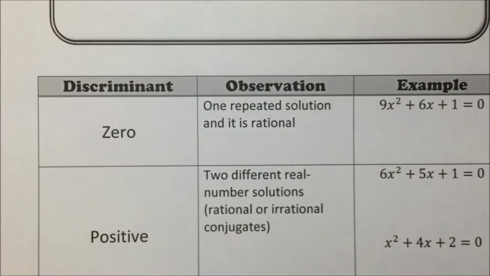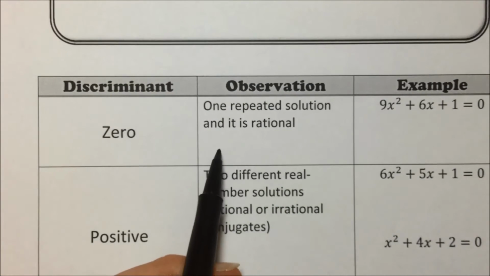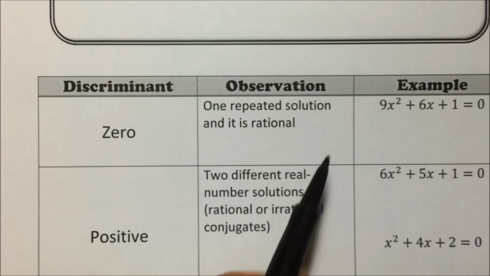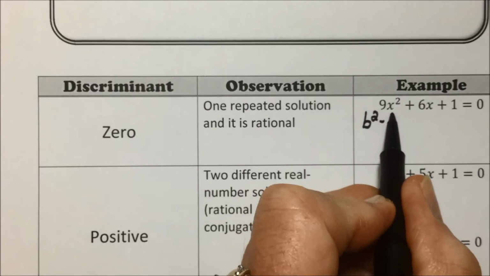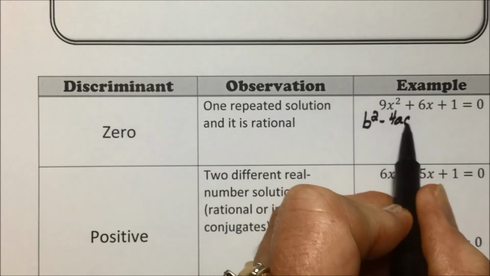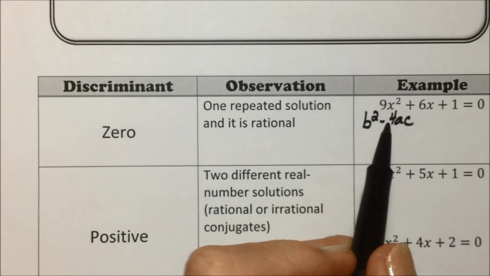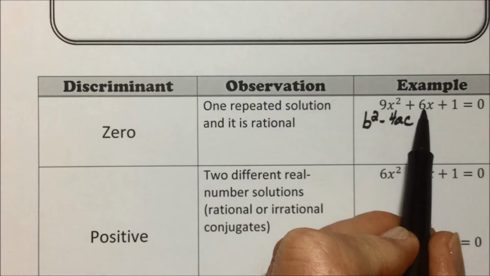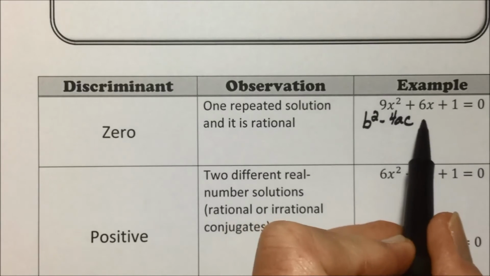If the discriminant, b squared minus 4ac, is equal to 0, it means that there is one repeated solution and it is rational. So in this example, without actually solving this, if we just determine what kind of solution we get, we'll determine the value of b squared minus 4ac from a being our leading coefficient, b, which is 6, the coefficient of x, and c is our constant value.